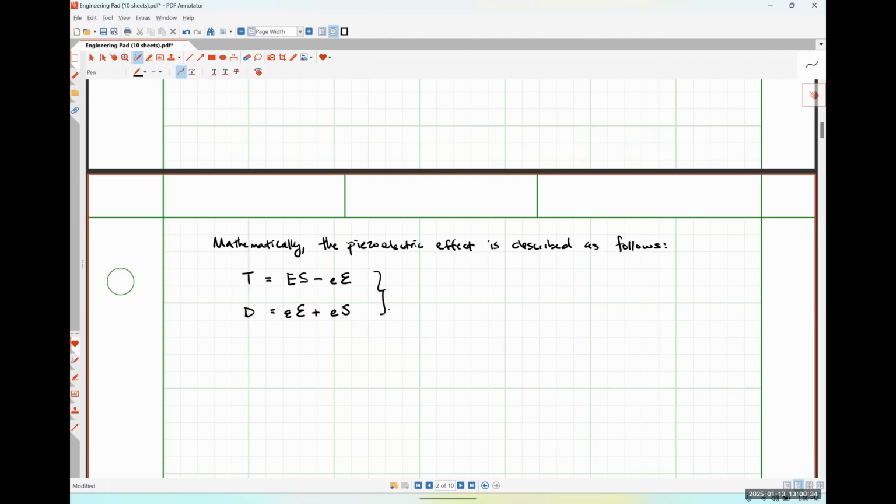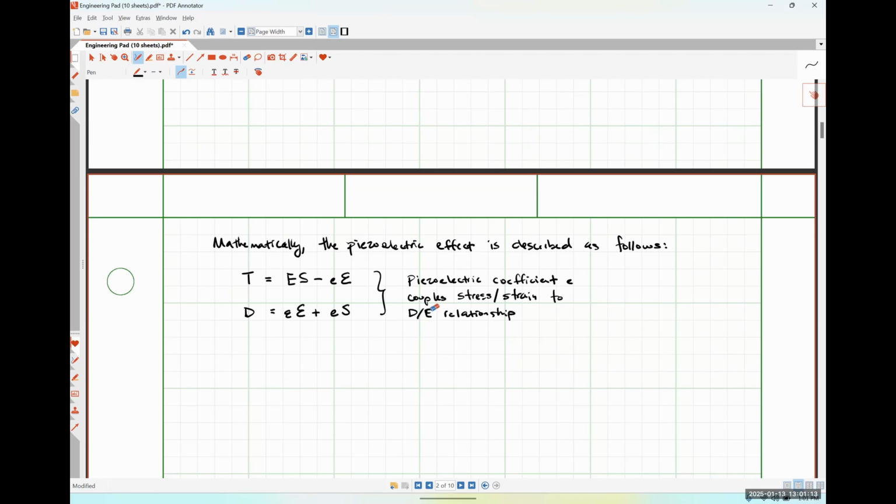So I'm going to make a note out here to the side that says our piezoelectric coefficient, lowercase e, couples the stress strain relationship, which is how T, capital T is related to capital S in this class, to the D/E relationship.